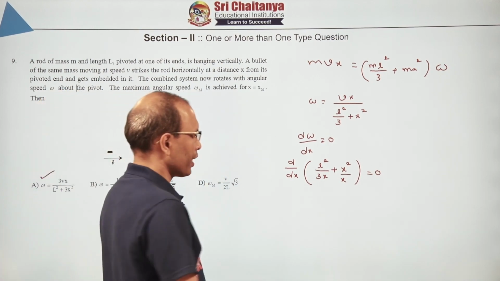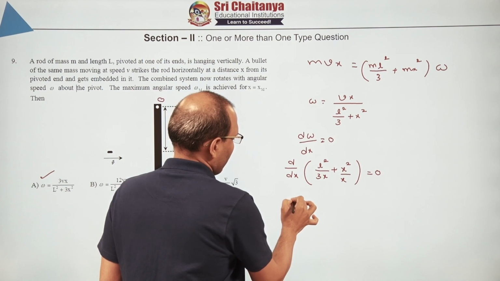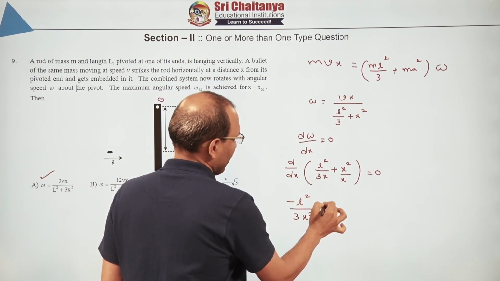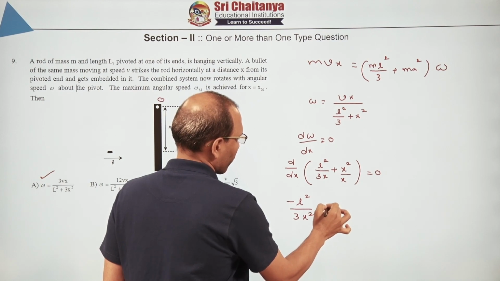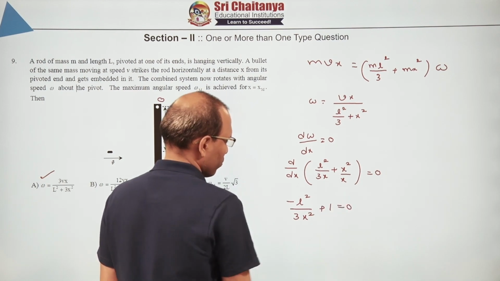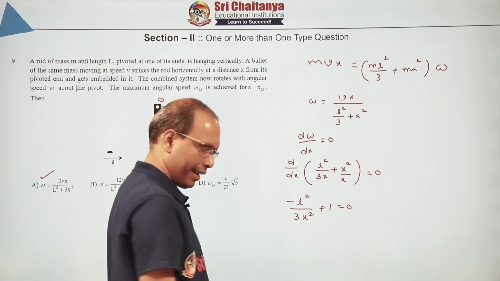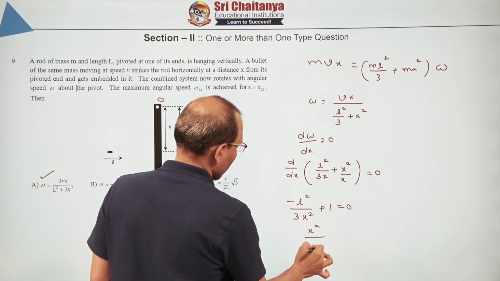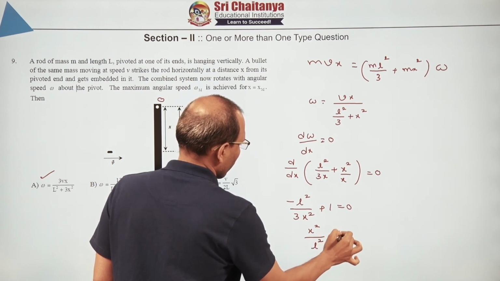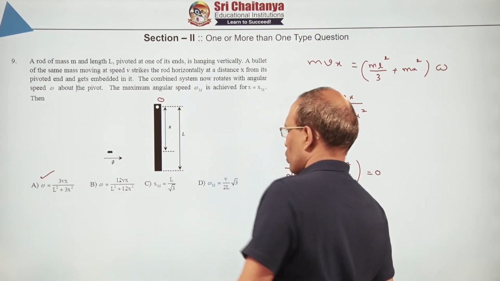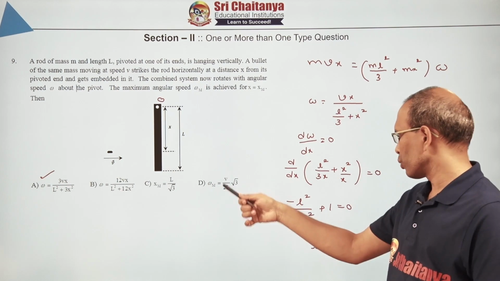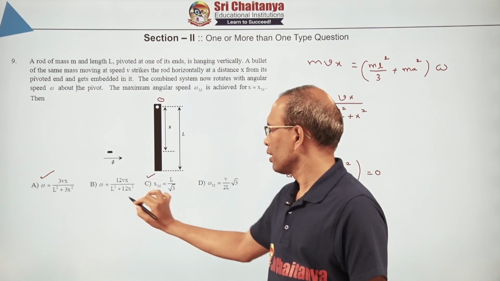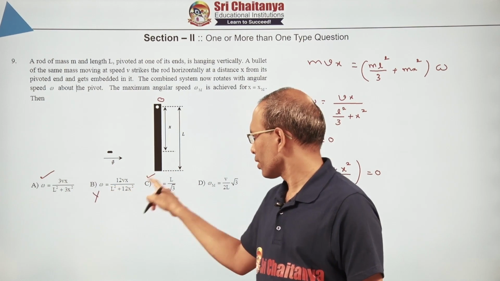So when you simplify it, you get minus L square by 3x square plus 1 equal to 0, or we get x square by L square is equal to 1 by 3. So what do we get? X value at that position will be L by root 3. So we got this value also, and this option is ruled out, this is wrong.